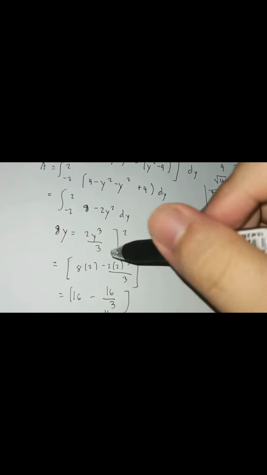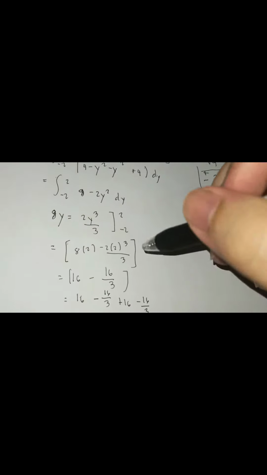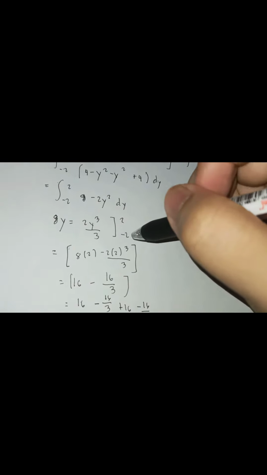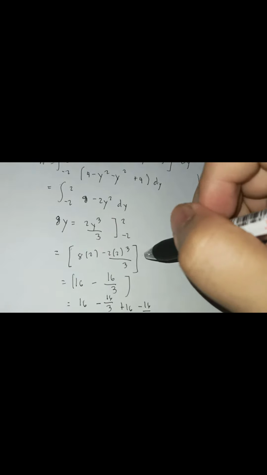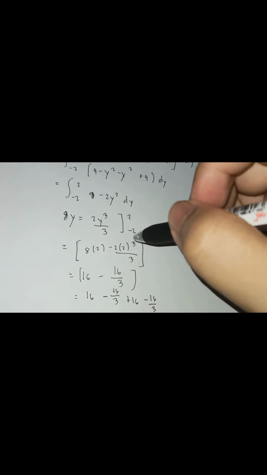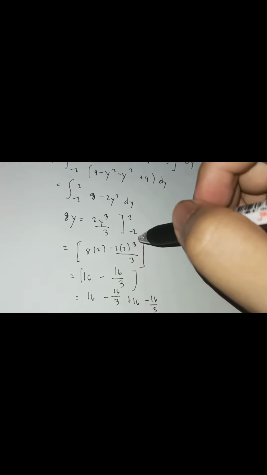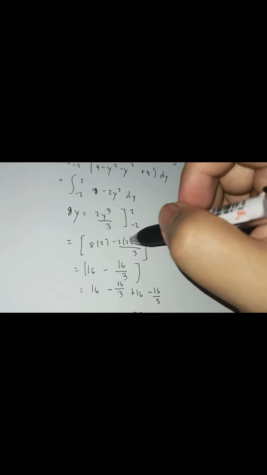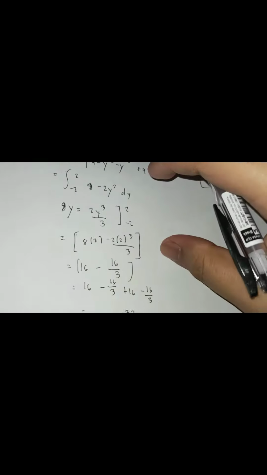And then we plug in 2 here: 8 times 2 minus 2 times 2 cubed over 3. So 8 times 2 becomes 16, and 2 times 2 is 4, times 2 is 8, so negative 16 over 3.